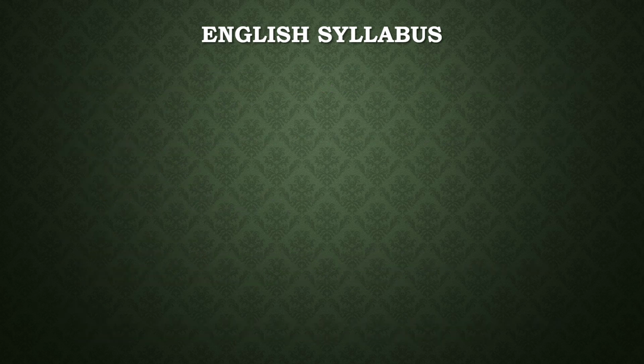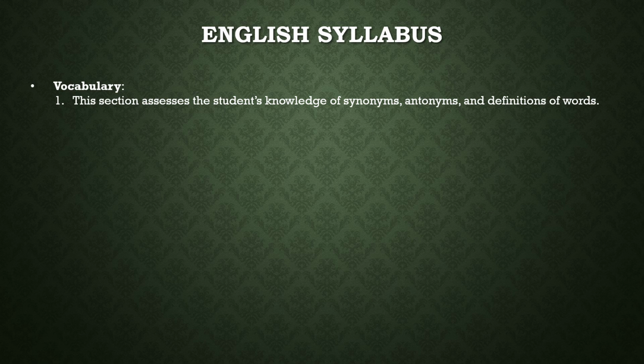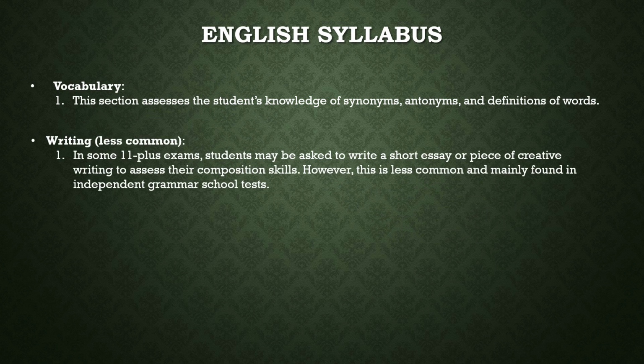There are a few other topics within English. Let's have a look. Vocab is another important part, wherein in this section they assess the child's knowledge of synonyms, antonyms, and the definitions of words. Last but not least is writing.